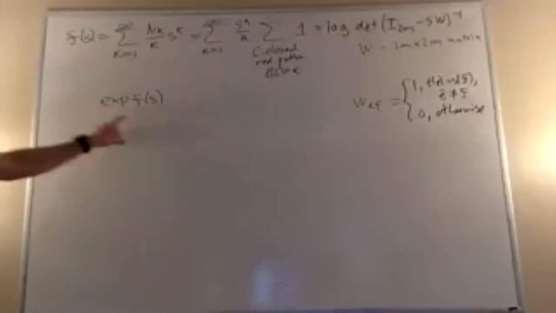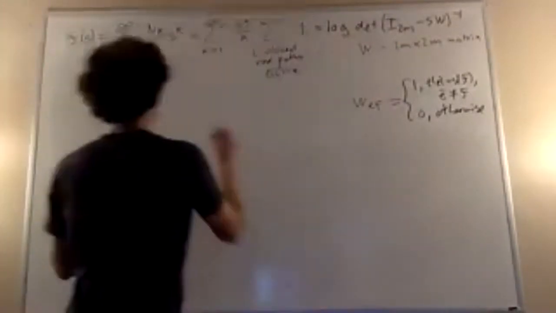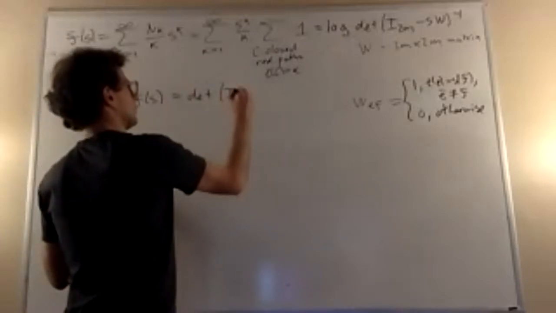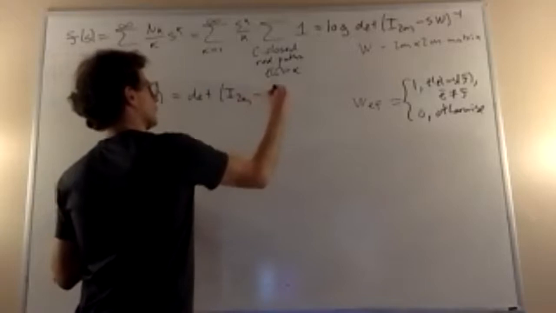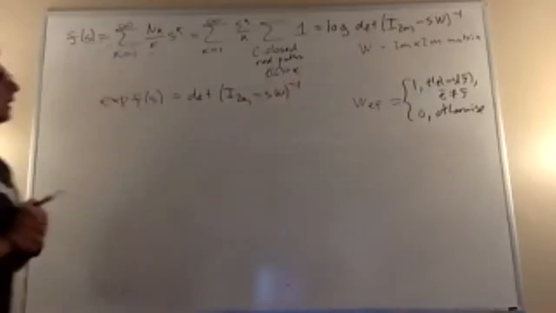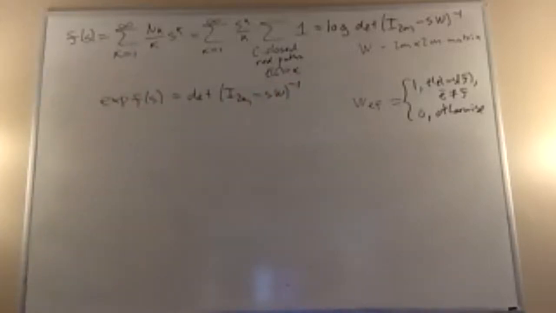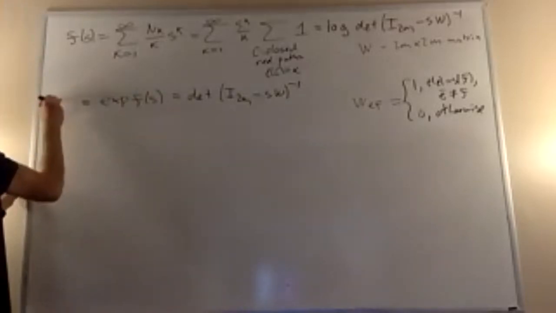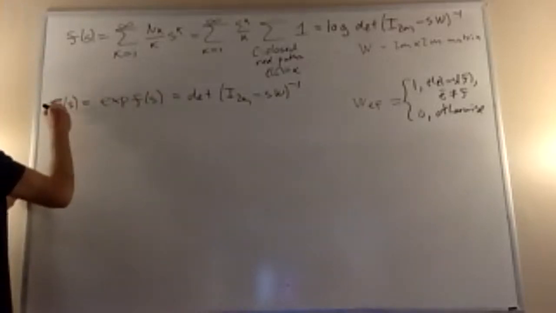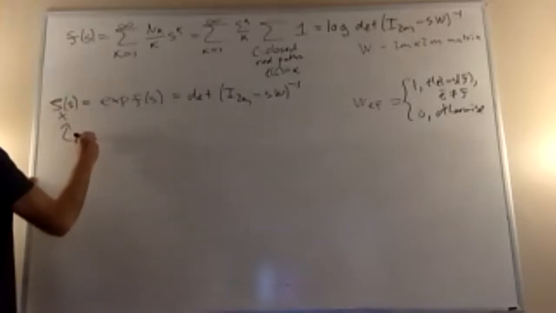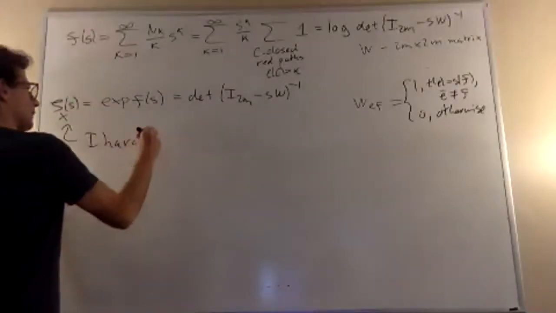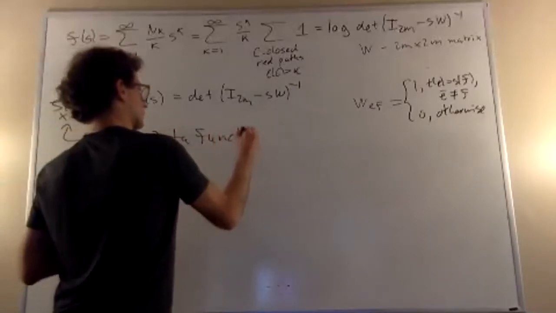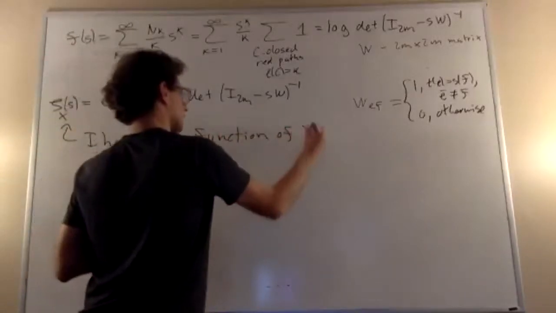If I take the exponential, all I have is the inverse of the determinant of a 2m by 2m matrix. And this is called the zeta function of the graph X. It's called the Ihara zeta function of X.